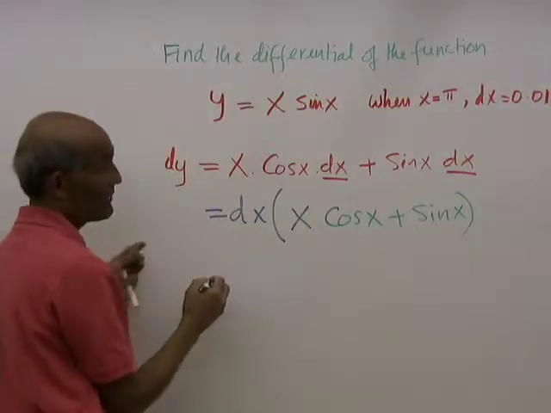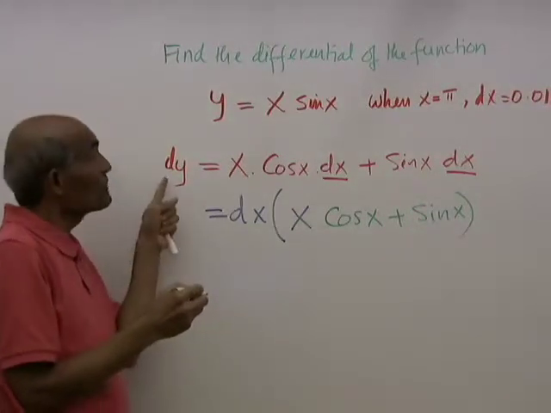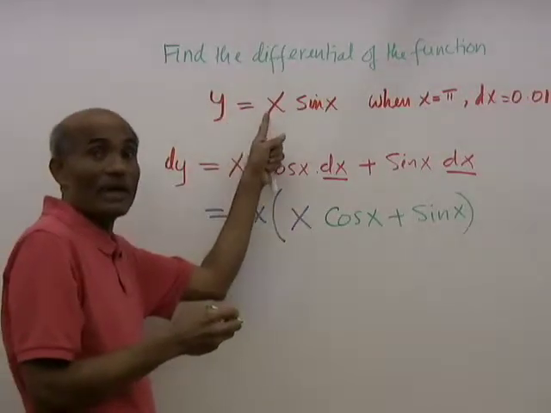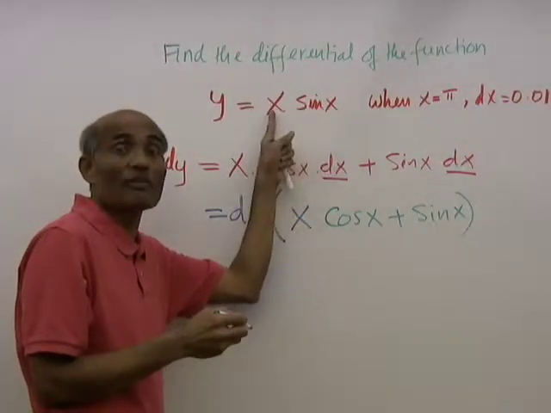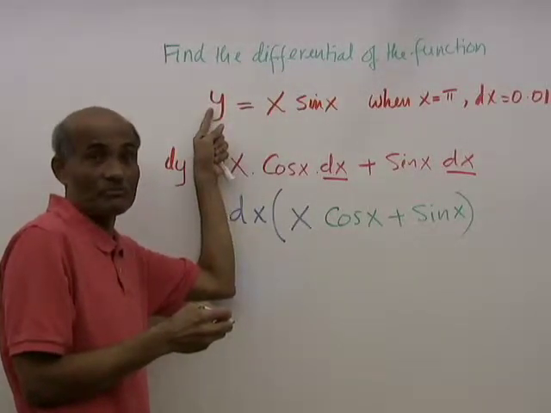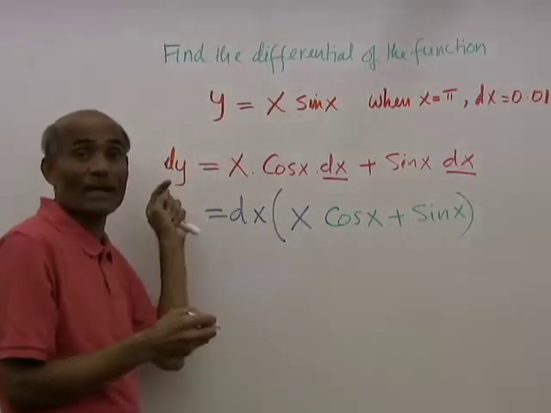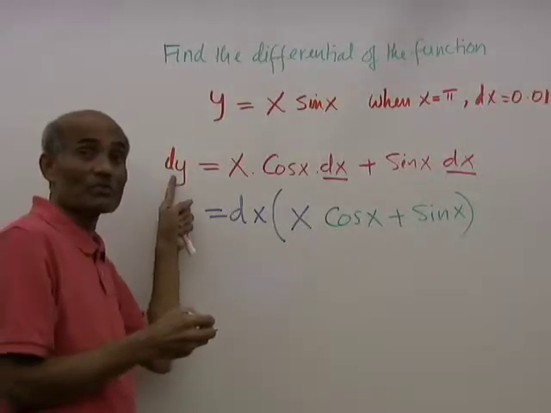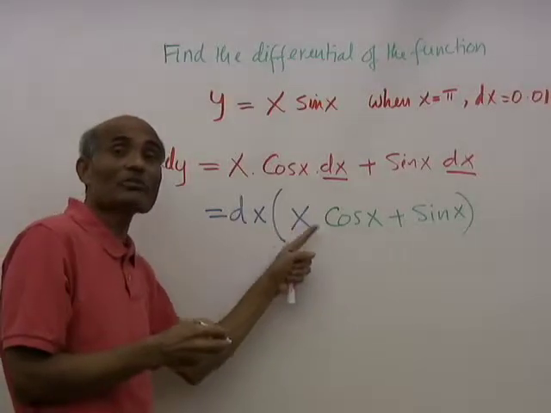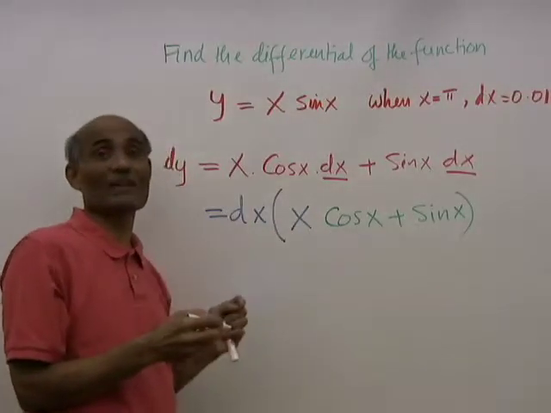Now, therefore, we can now find the differential of the function. This is our function y. The error in the measurement of x has been propagated to contribute for an error in the function value. So the error in the function value will be dx times x cos x plus sine x.